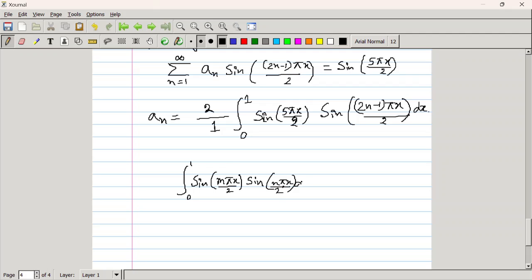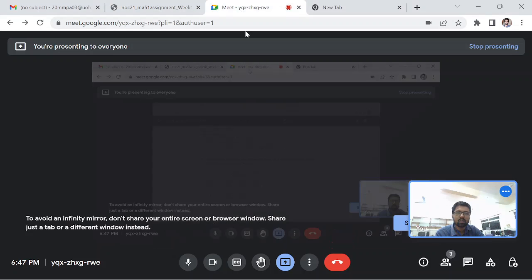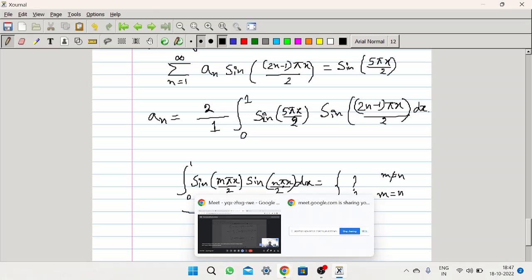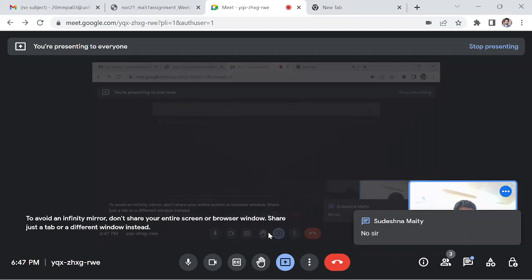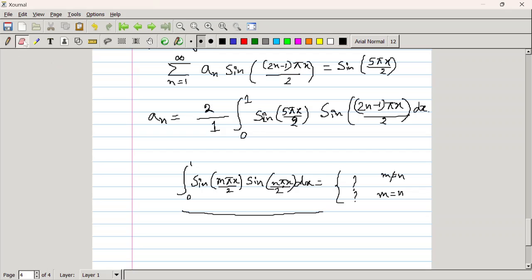What happens when m is not equal to n, and when m equals n? Can you tell anything? Okay, I will tell. Let me just clean this.